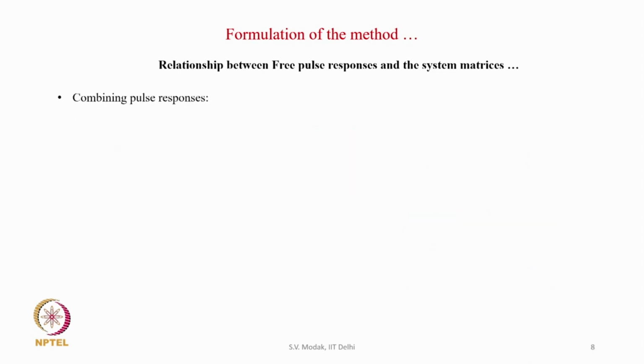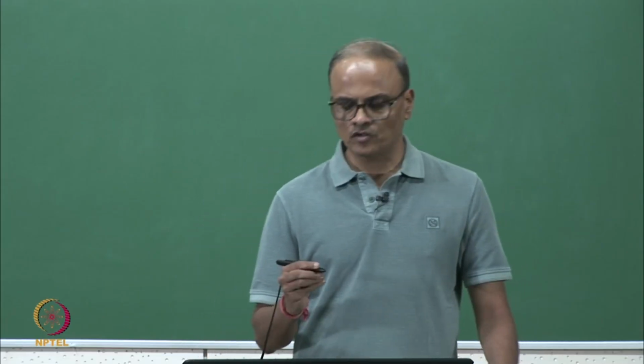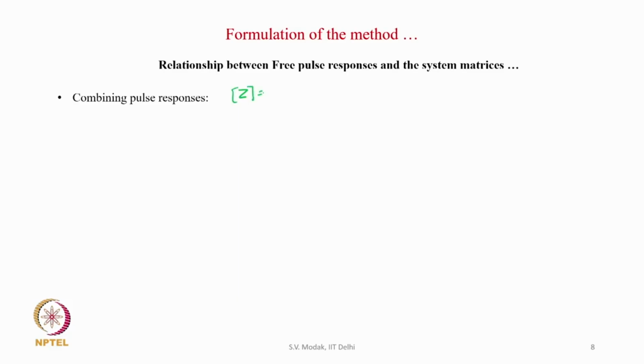Now we are going to combine all these pulse responses, so we can form a matrix of pulse responses. For example, if Z is the matrix, the first column has the pulse responses due to input applied at the first location, which we call Z1.